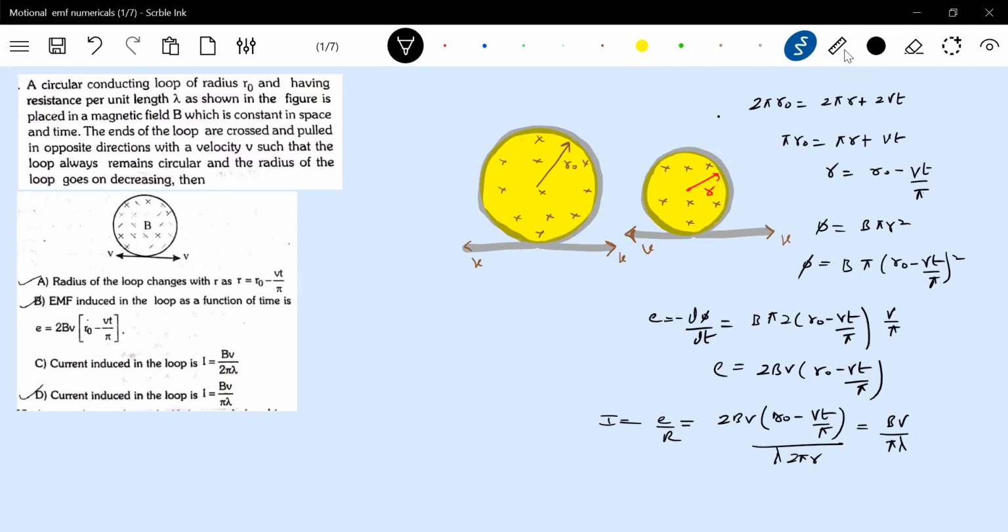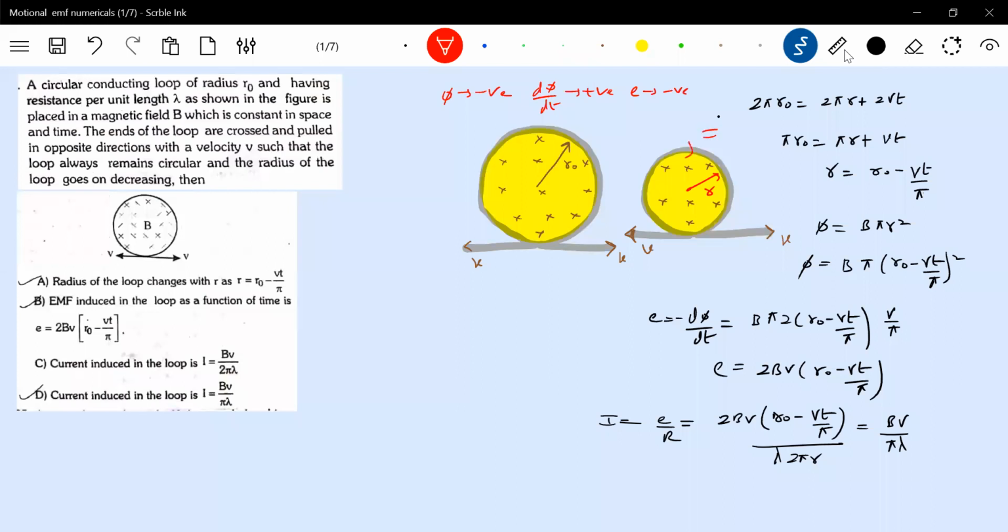Anything on the direction of induced current? Can we go for the direction of induced current? The flux is negative. Negative flux decreases, so d phi by dt is positive, EMF induced is negative.